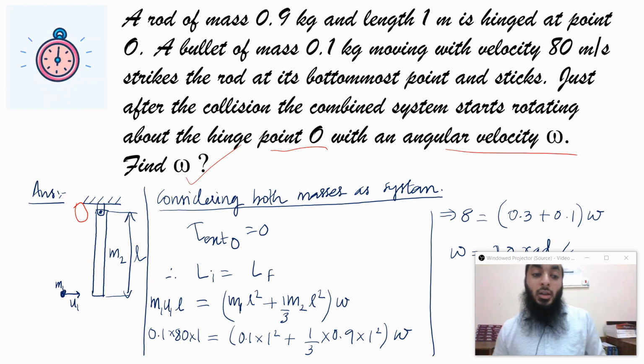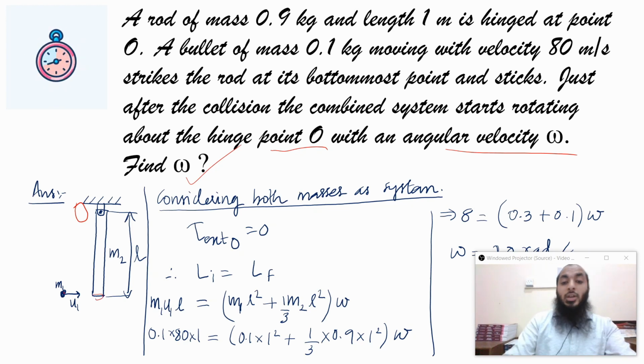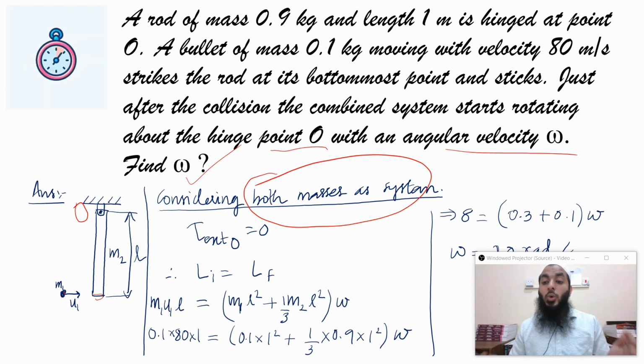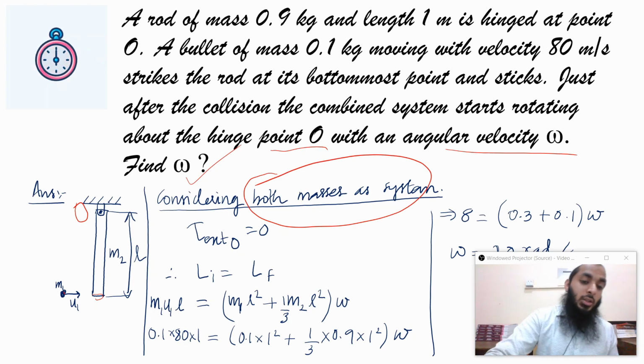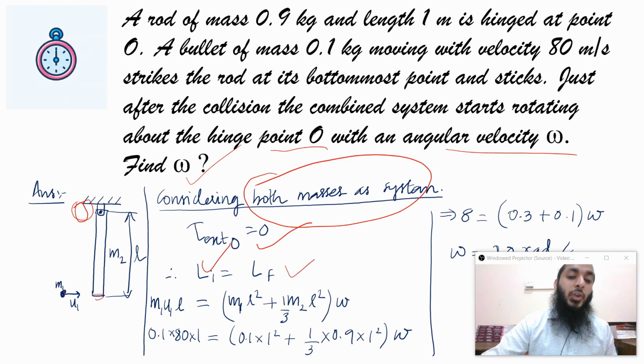Now here there will be a force applied by m1 on this rod, but if you consider both the masses as a system, then there will be no net torque. The net torque about O is 0, and you know that when net external torque is 0, angular momentum is conserved. So initial angular momentum is equal to final angular momentum.